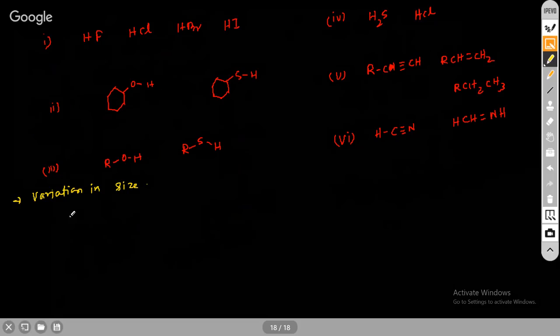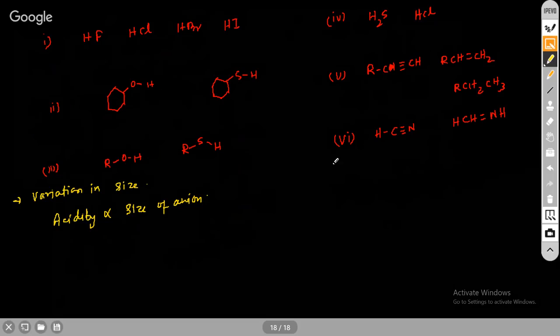And what we say is that the acidity is directly proportional to the size of the anion, because with large size, more uniform distribution of the negative charge will be there, and that's why the stability will be more.